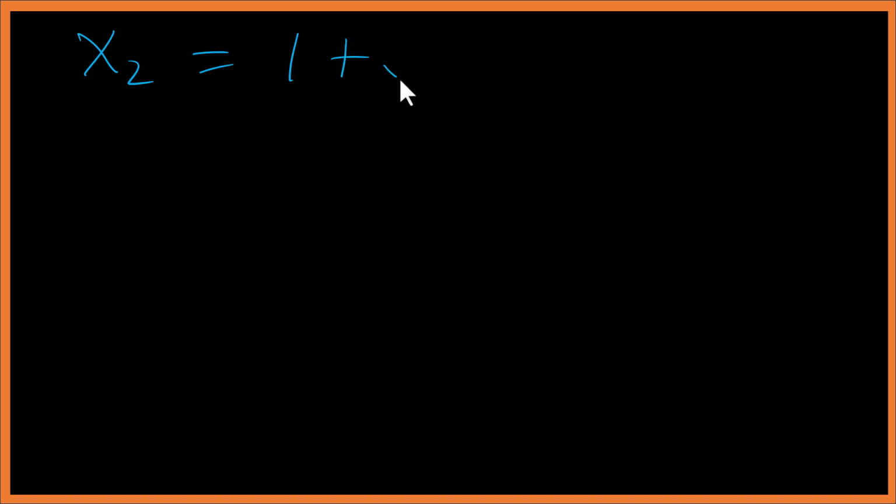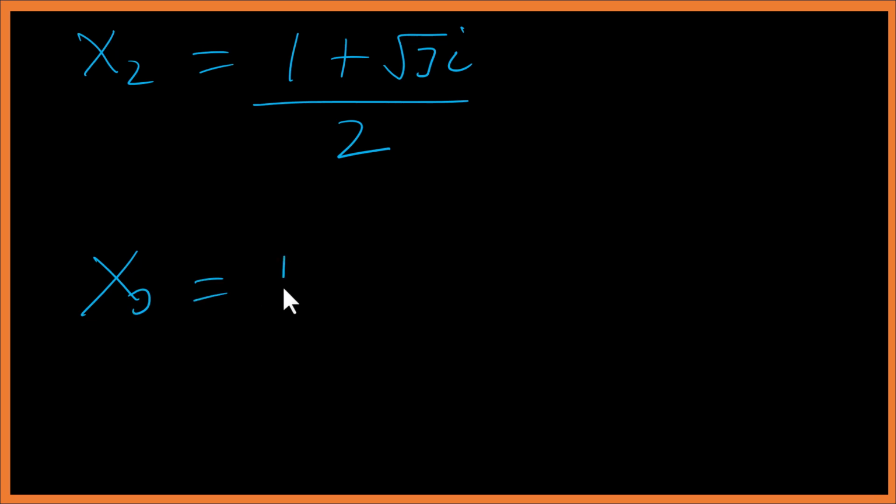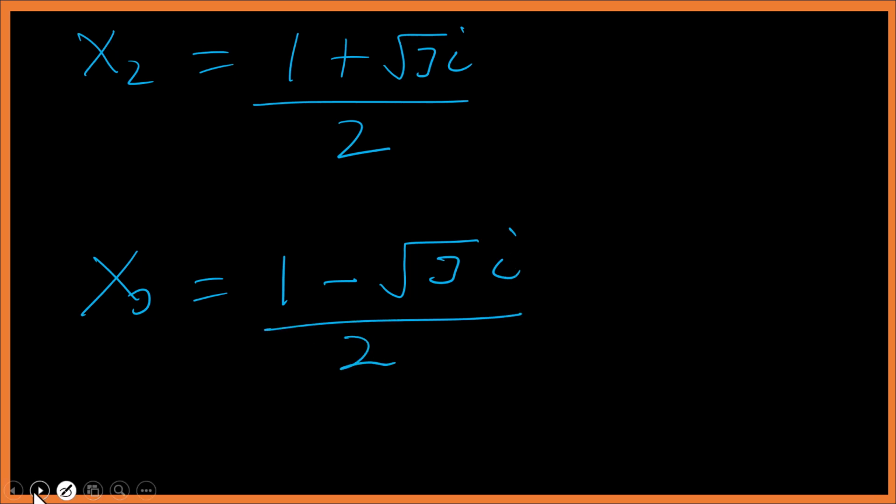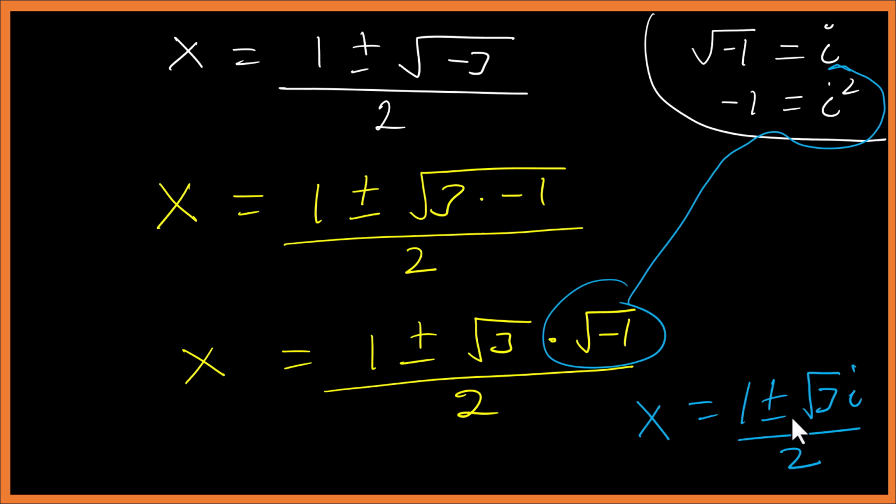So my x2 will be 1 plus root 3 i on 2, then x3 will be 1 minus root 3 i on 2. So that's the plus or minus.